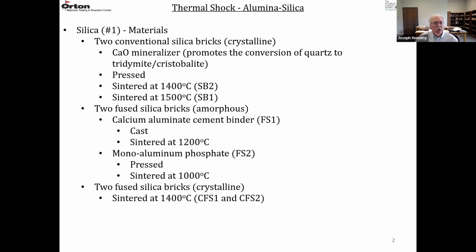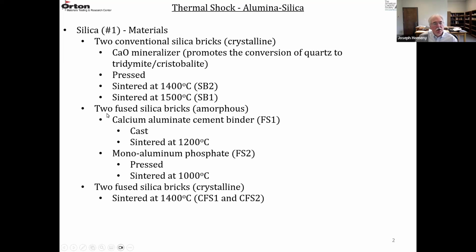Basically, the silica in the form of quartz dissolves in the mineralizer, and then tridymite and cristobalite are crystallized out. So tridymite and cristobalite are the desired phases in a silica brick. These bricks were pressed, and there were two of them, silica brick 1 and silica brick 2. Silica brick 1 was fired at 1500 C, and silica brick 2 was fired at 1400 degrees C.